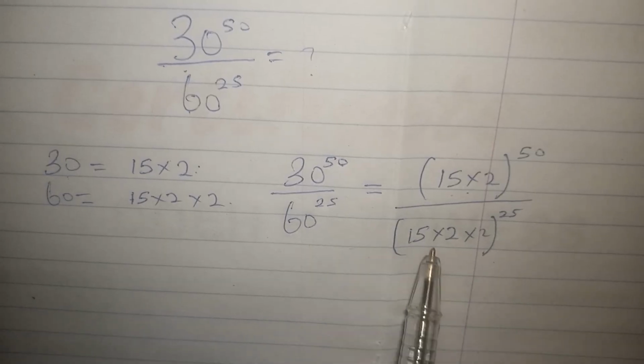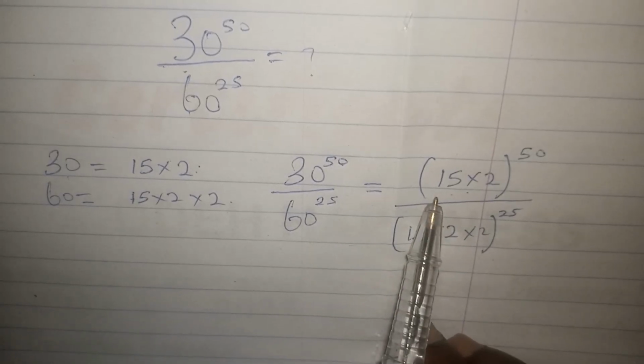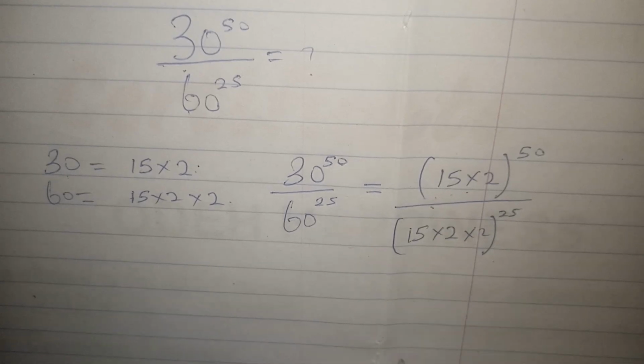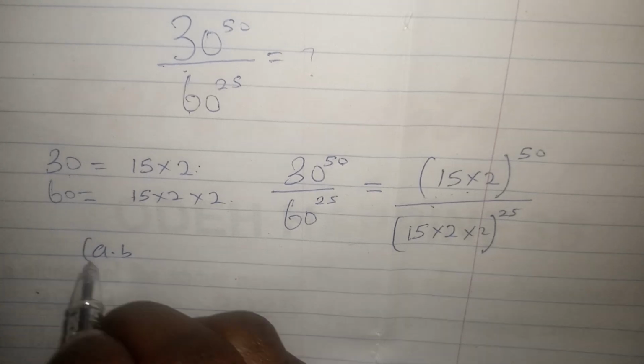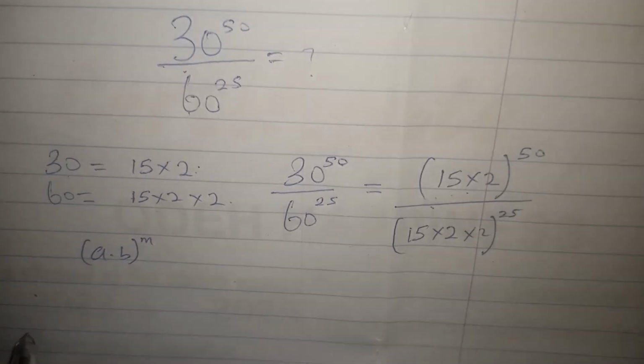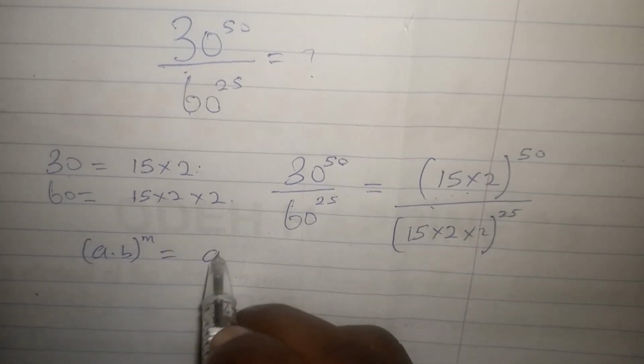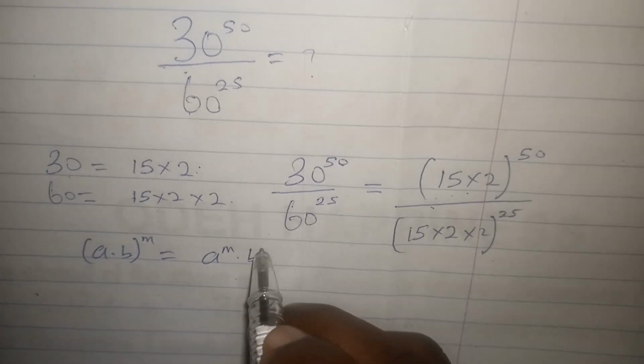From here we are going to apply some of the indices rules, which says if you're having a times b all to the power of m, it's also equal to a to the power of m times b to the power of m.